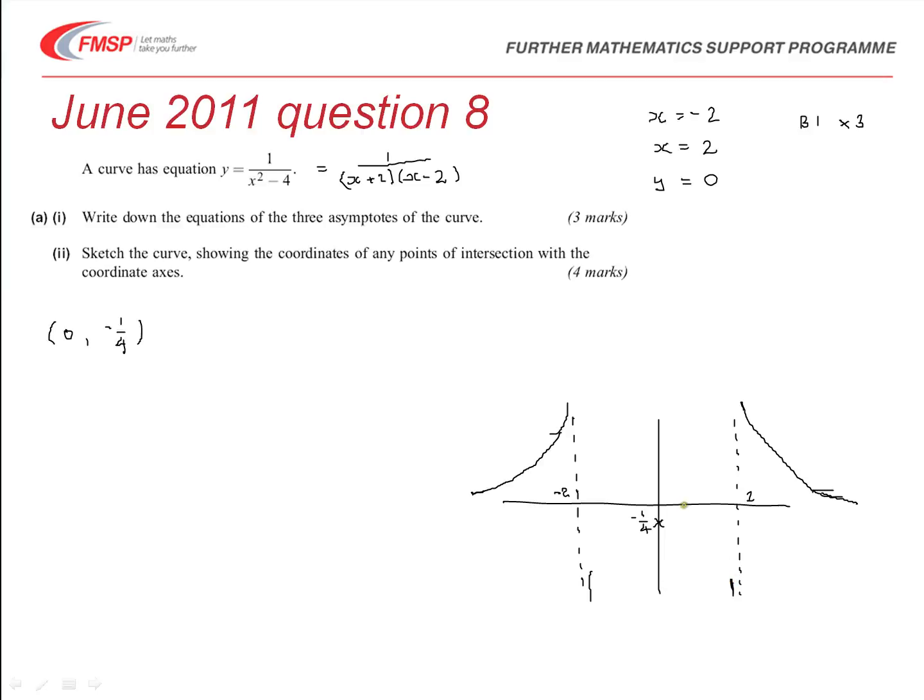It's not going through the y-axis that we've already established, so this must just come up, come through this point, and then come back down. And the whole of this should be symmetric based on the fact that x squared minus 4 is a symmetric function about the y-axis, because it's just the x squared graph which has been shifted down 4 units.